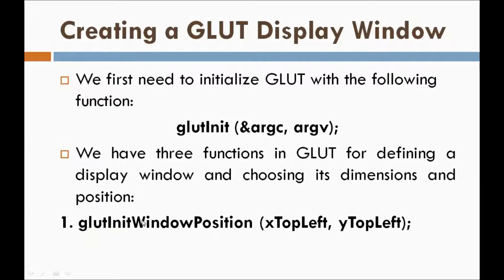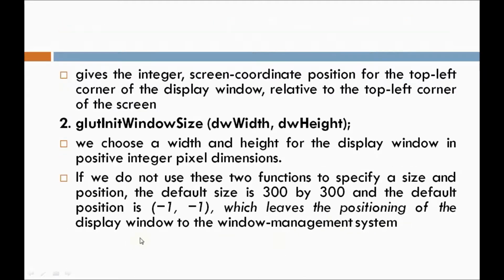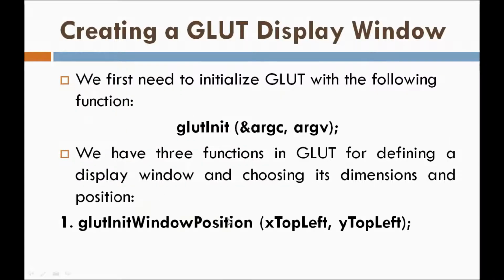The command is glutInitWindowPosition, with xTopLeft and yTopLeft. These give the integer screen coordinate position for the top left corner of the display window relative to the top left corner of the screen. So you can set your window position anywhere you want using this command, glutInitWindowPosition.